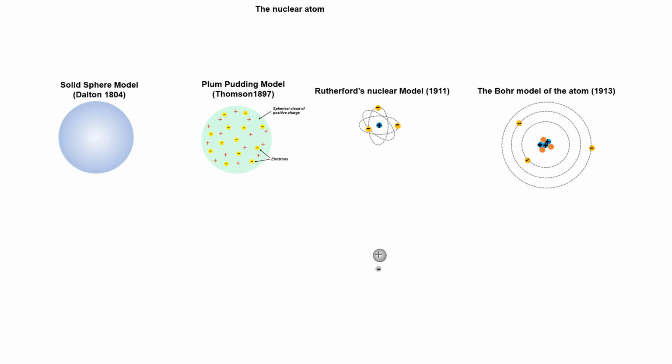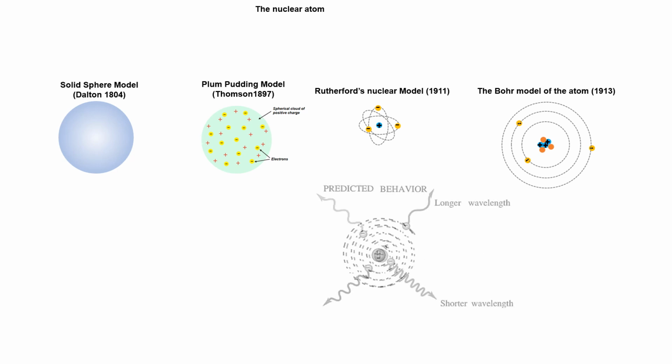As they spiraled inward, their frequency would increase in a short time, and so too would the frequency of the light emitted. This process leads to a rapid collapse of the atom as the electron spirals into the nucleus, but we know that atoms in general are stable because there is stable matter all around us.